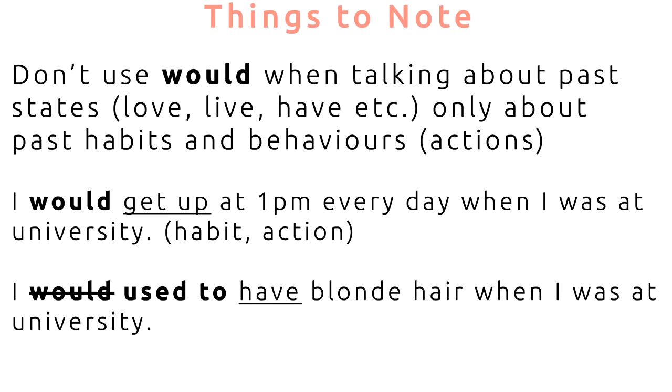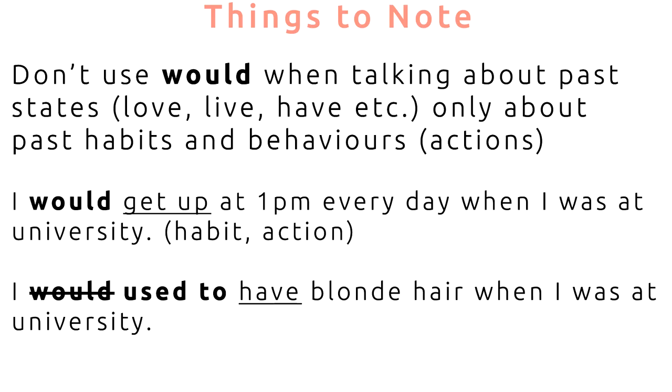Don't use would when talking about past states. A state is a verb that isn't an action. For example, love, live, or have, etc. Only use would to talk about past habits and behaviors, which are actions.